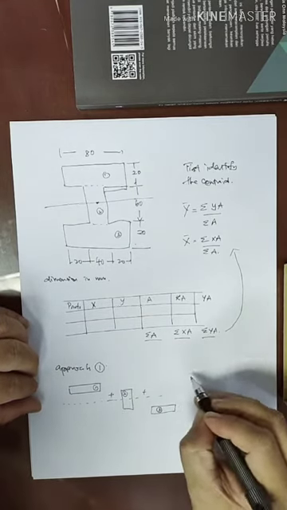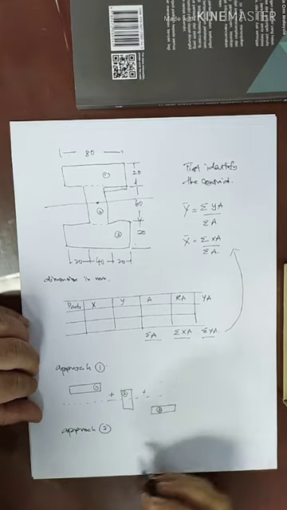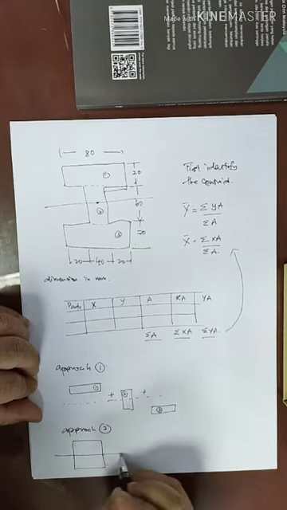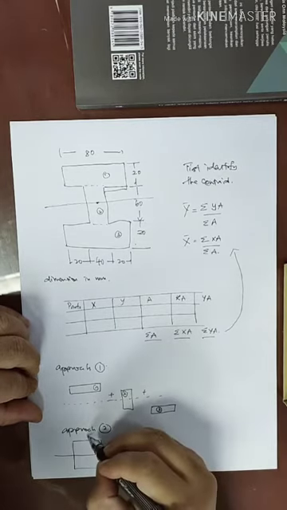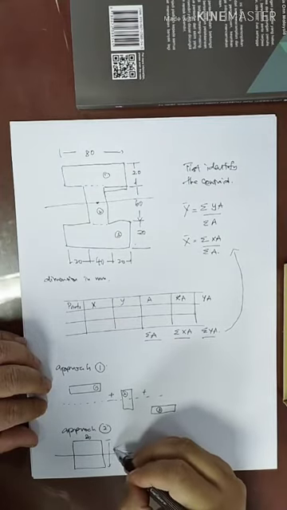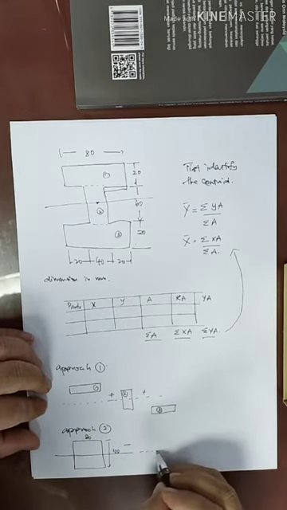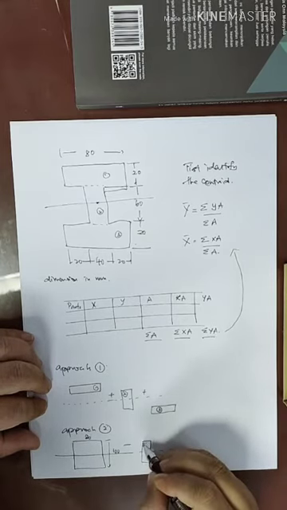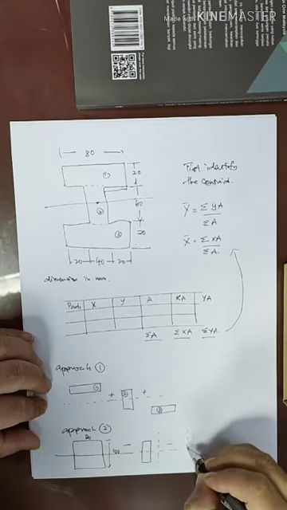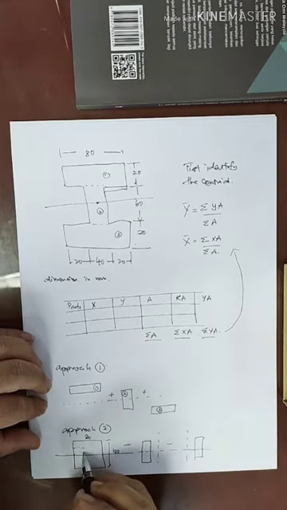Okay, maybe we can also try approach 2, where we have the whole block, comprised of the size 80 for the width, and also 60 and 100, but we eventually minus, okay, we minus the left and also the right side of the wing, which is actually this part.